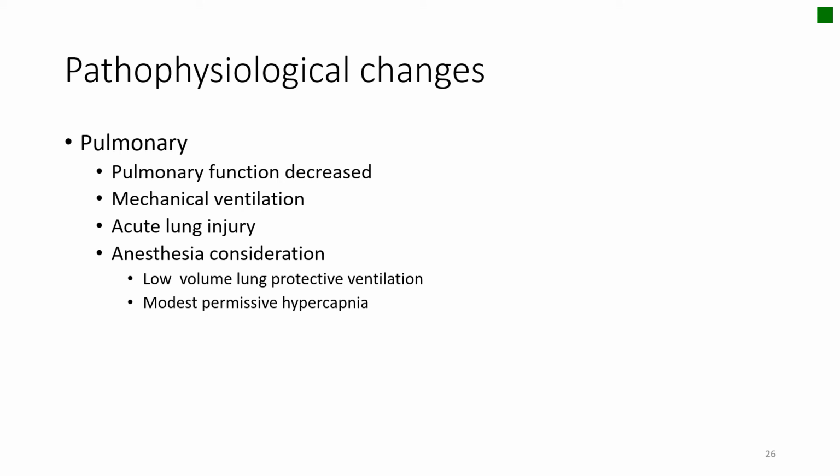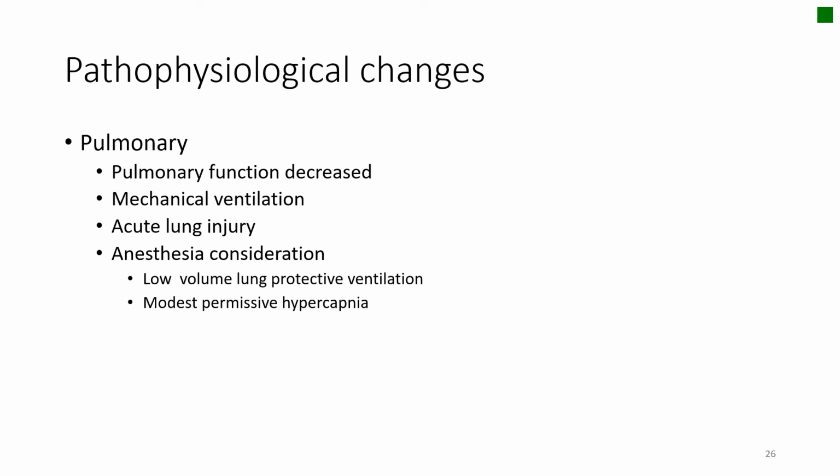Pulmonary system: pulmonary function can decrease even in the absence of an inhalation injury. Again, we can have the FRC reduced and lung and chest wall compliance decreased, especially when the chest wall is burnt in a circumferential fashion. We can also have pulmonary edema, and that can be a result of the release of mediators in the lung, which can increase capillary permeability.